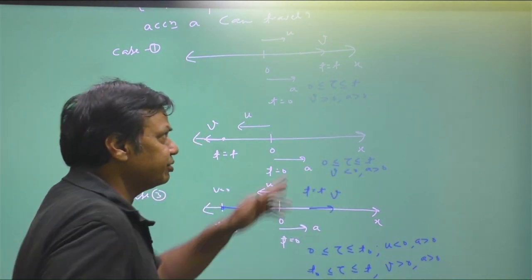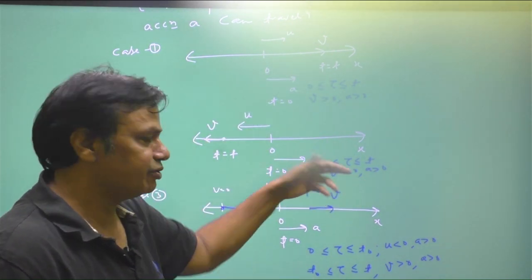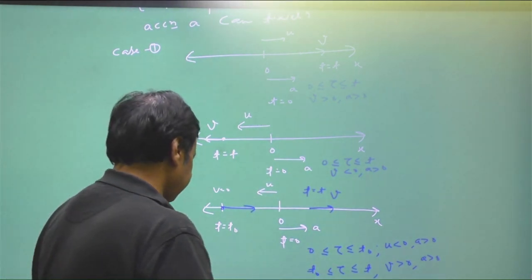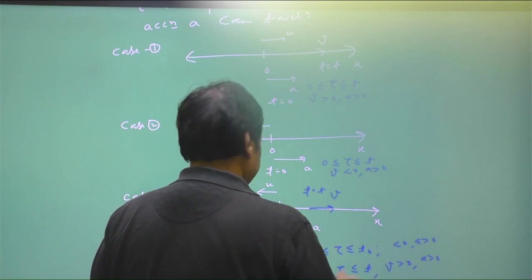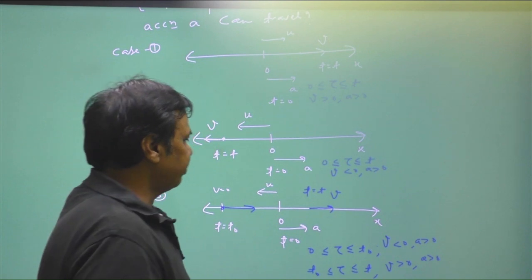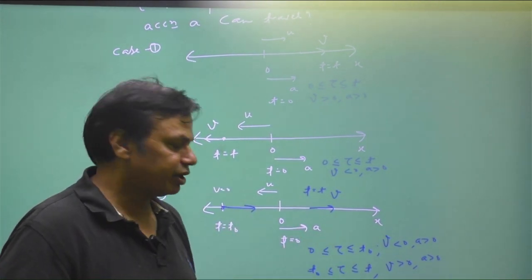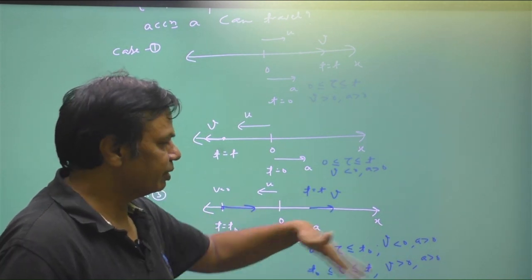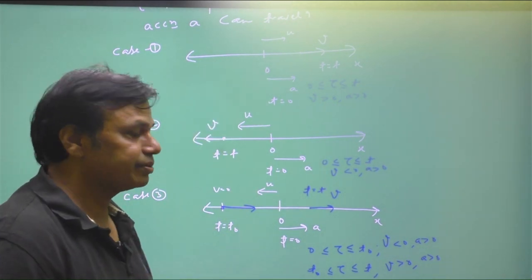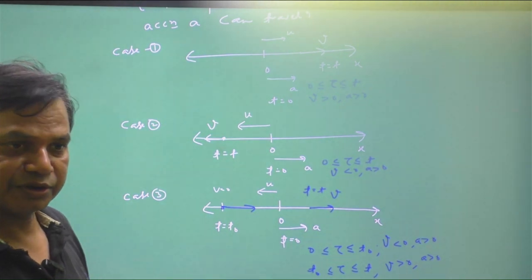It means velocity is always along the positive x-axis, it means velocity is always along the negative x-axis, and in this case I can always change this thing. That velocity, initial velocity was along negative x-axis between 0 to t naught time, and after that its velocity becomes positive. So there are 3 cases possible in this motion.